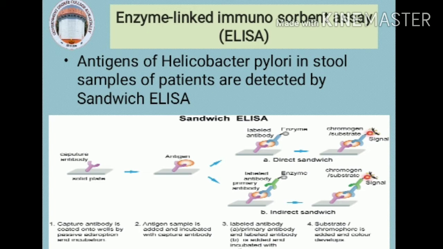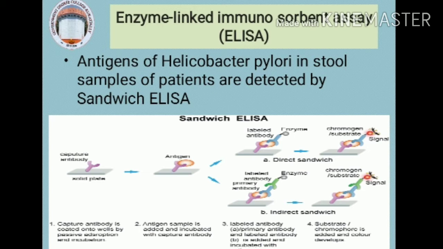After washing with buffer, enzyme labeled antibody is added. Enzyme labeled antibody binds to the antigen. Then it is washed with buffer and treated with the colorless substrate.